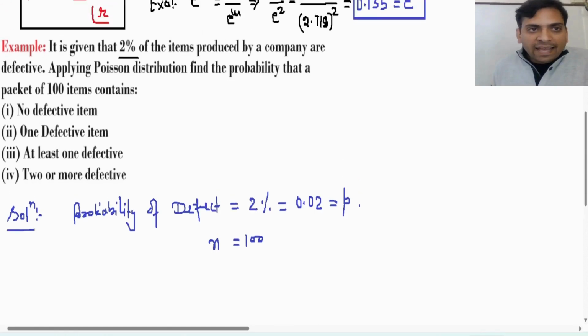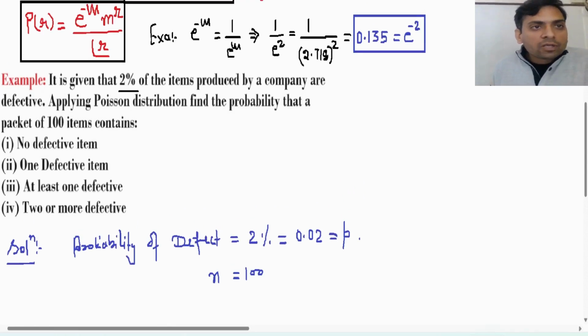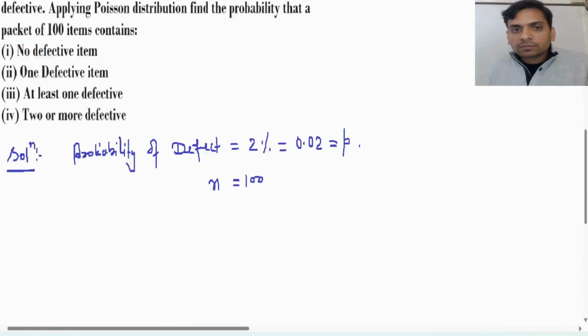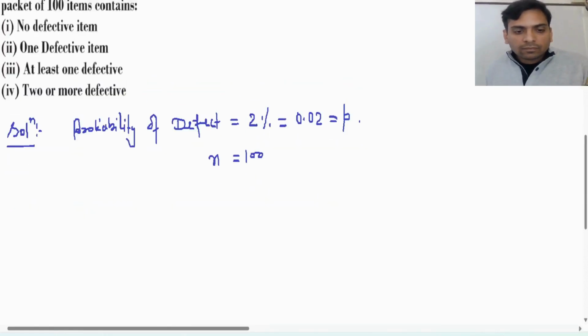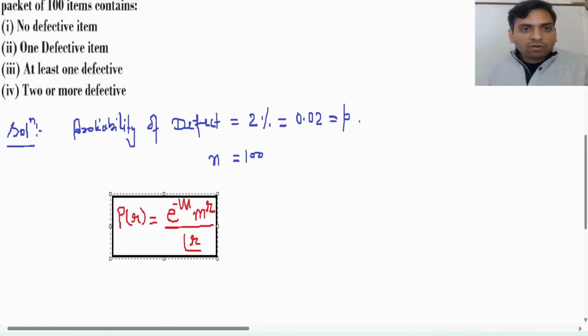Okay. Now we will see these 4 questions. But before that, as we know, this is the case of Poisson distribution, so we will focus only on the Poisson distribution probability formula. So this is the probability of Poisson distribution.